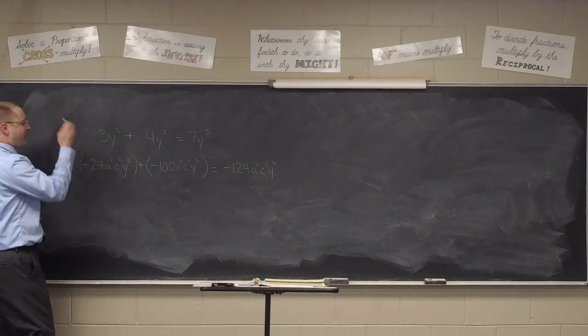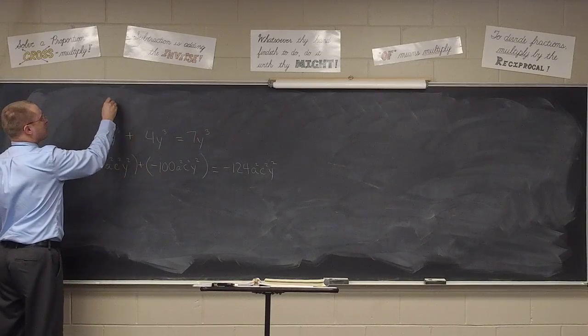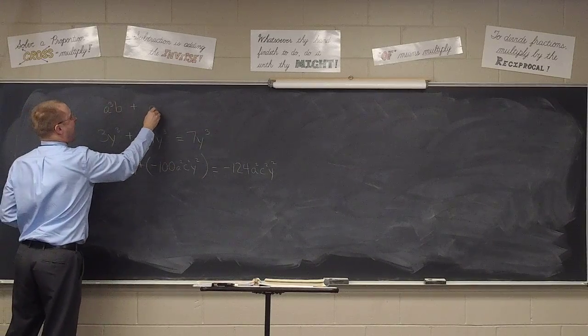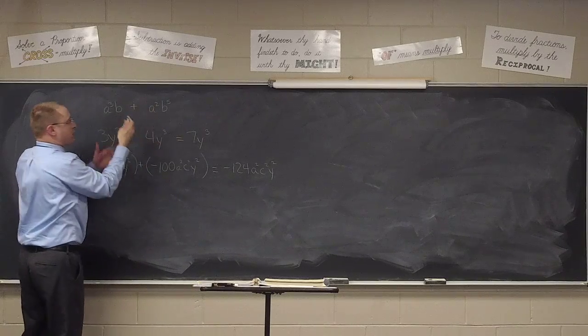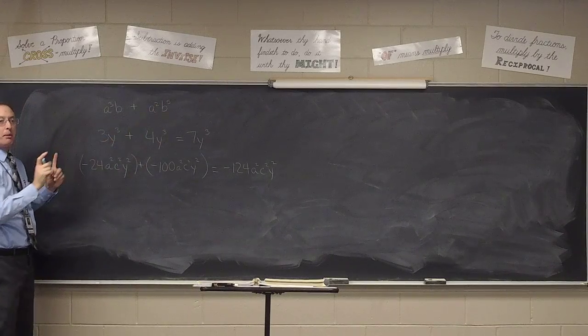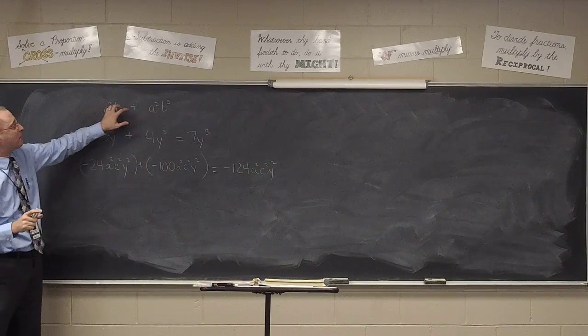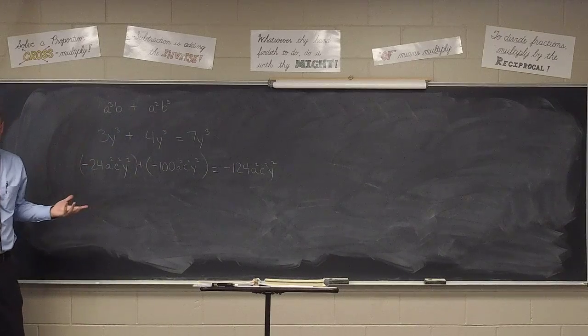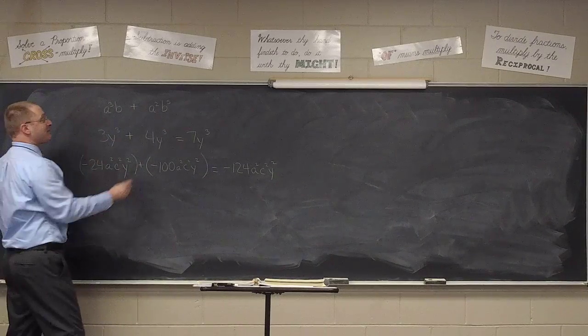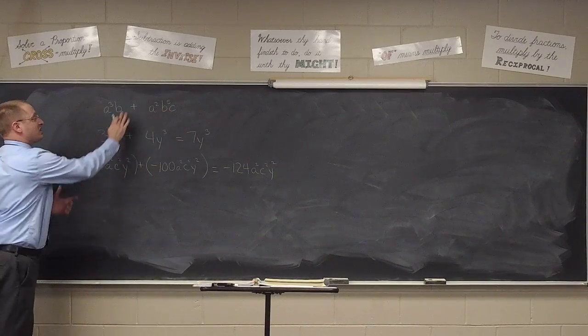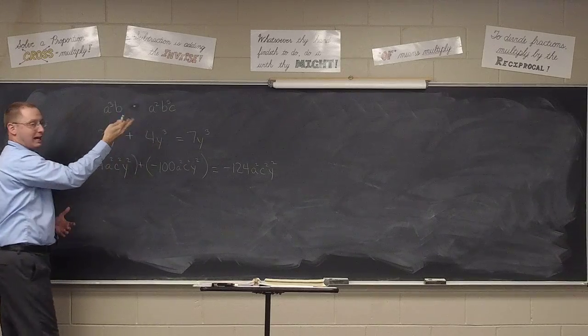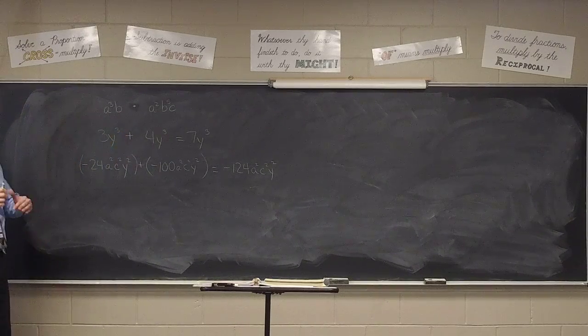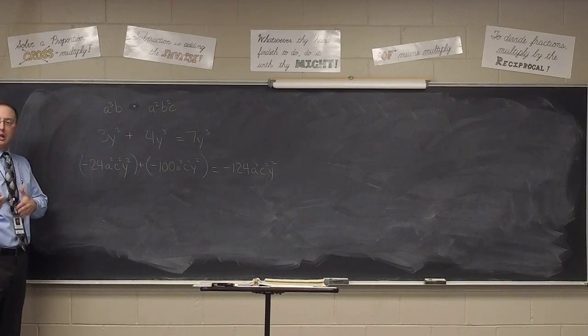We said that if you had an a cubed b, you couldn't add that to an a squared b to the fifth. They're not like to each other. But we said as long as you have matching bases, you can multiply. Really, even if there were a mismatched base, you could still multiply together, but you only combine like bases.